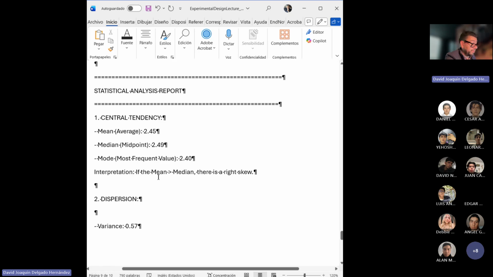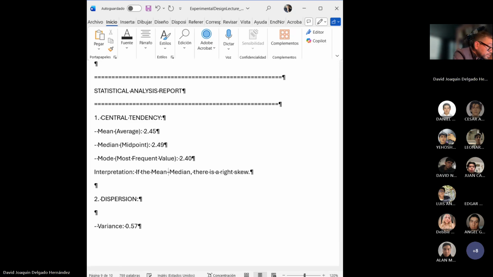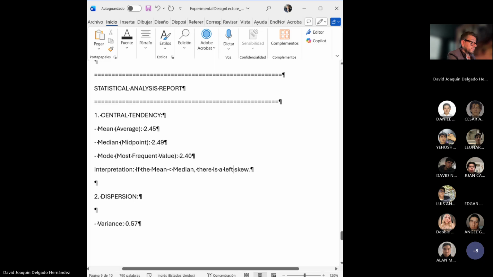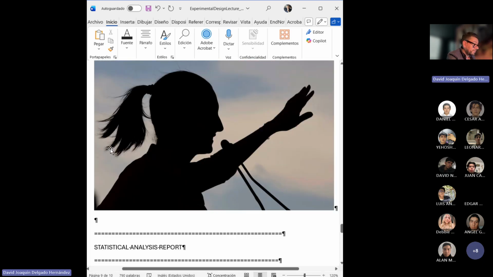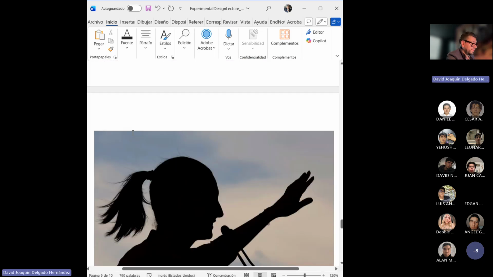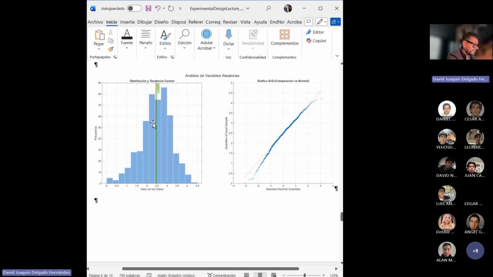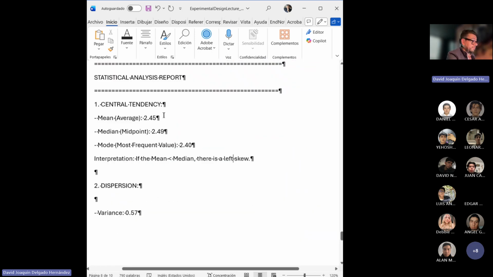It is exactly the opposite. So instead of right, it will be left. So let me put this the opposite. So it is left. This is the left skew. Okay, that is the meaning of these values.